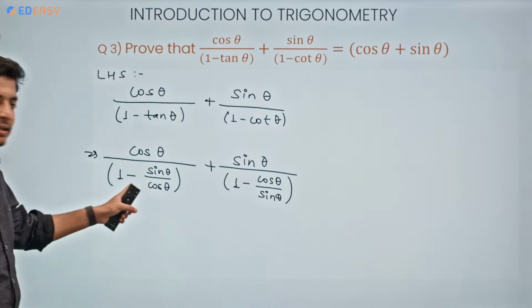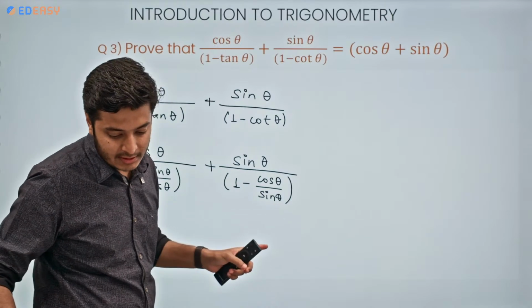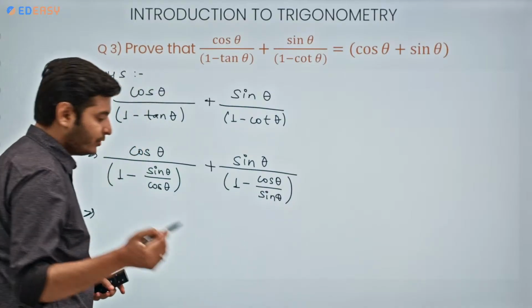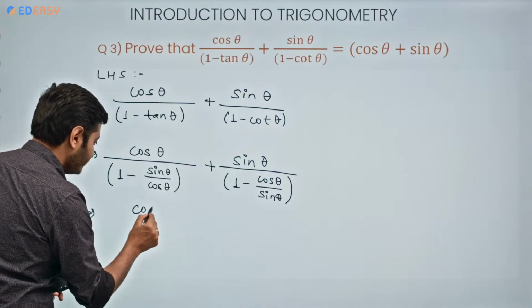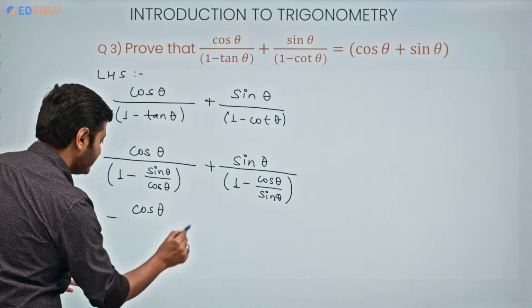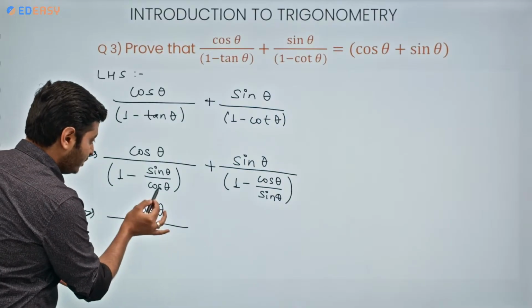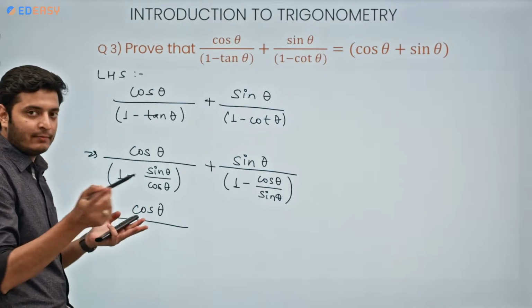Now, we can take the reciprocal here, correct? Then after taking the reciprocal, yes, doing good. Not reciprocal, the LCM. The denominator part will become 1 and there is no denominator part here, so the LCM would be cos theta only.